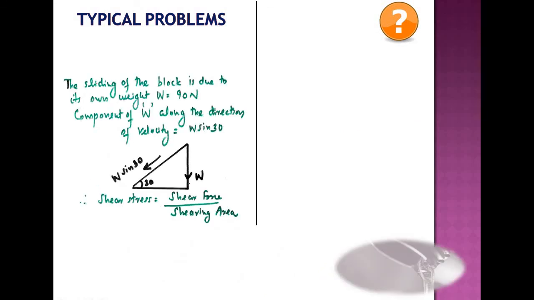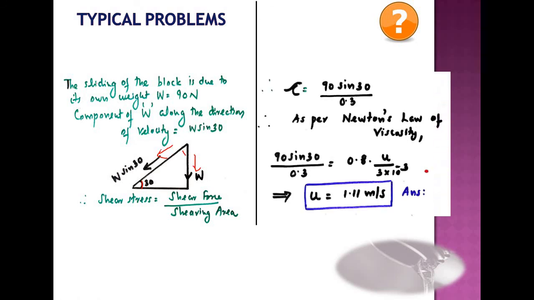It is diagrammatically shown here. W is acting down, this is 30. Okay, what is this? This is 60. So this will be W cos 60 or W sin 30. So W sin 30, that is 90 sin 30, will be the shear force in this direction.